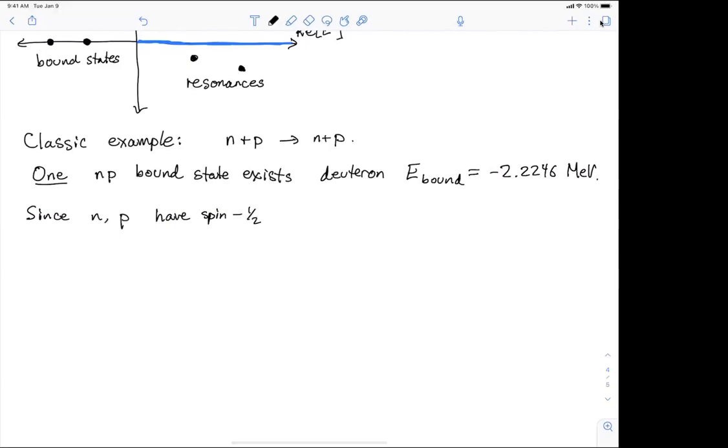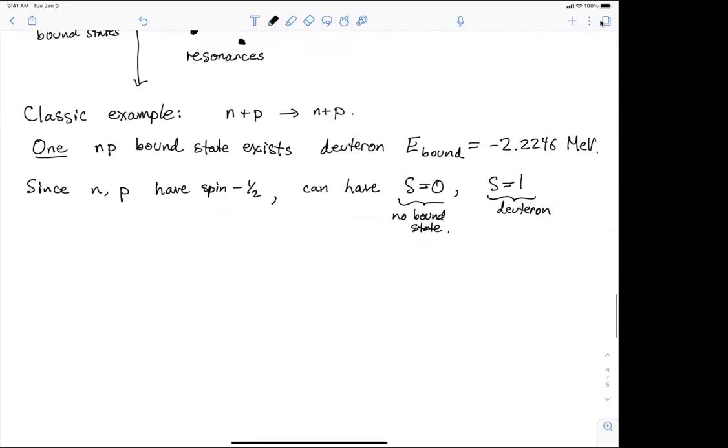Just adding together two spin 1/2s, they can have either total spin 0 or total spin 1. It turns out the deuteron is the spin 1 combination, and so the spin 0 doesn't have a bound state. That's just an experimental fact of life.